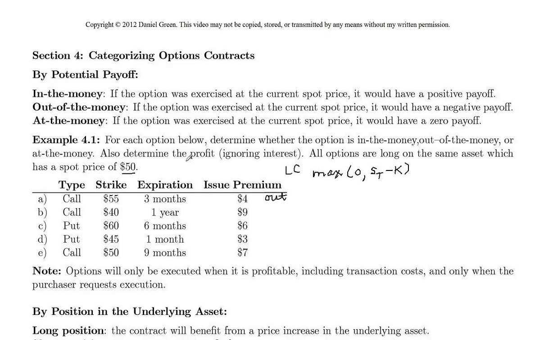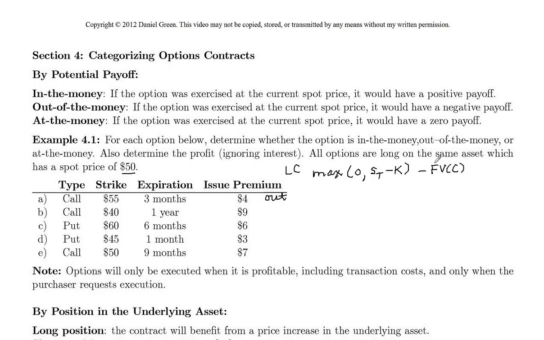Here they're asking us to determine the profit. The profit is going to be the payoff minus the financing cost for a long call. So this much is the payoff, and then you would subtract off the accumulated value of your call premium.